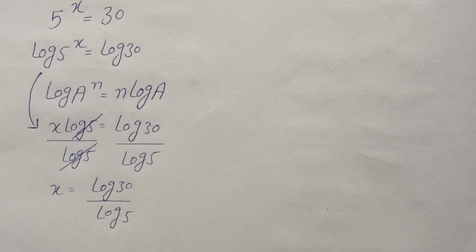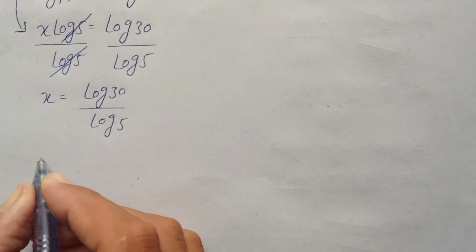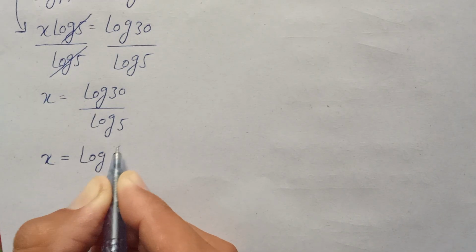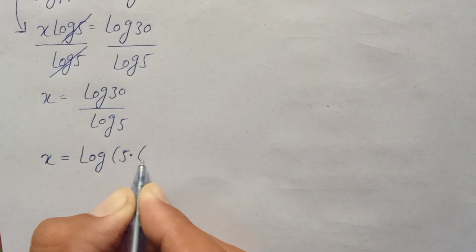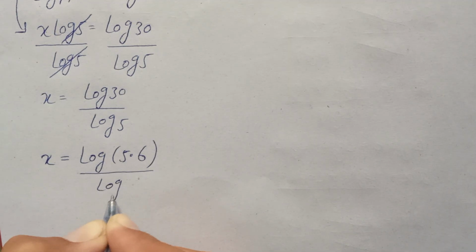Now in the next step we can write this equation as x is equal to log 5 times 6 divided by log 5.